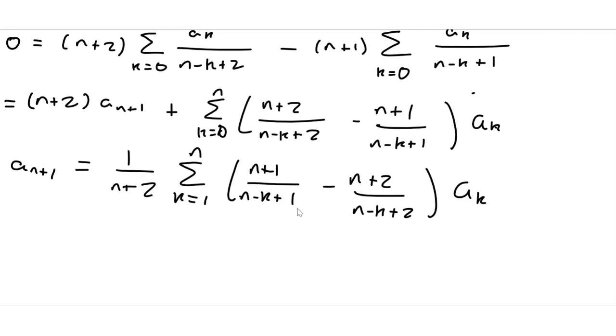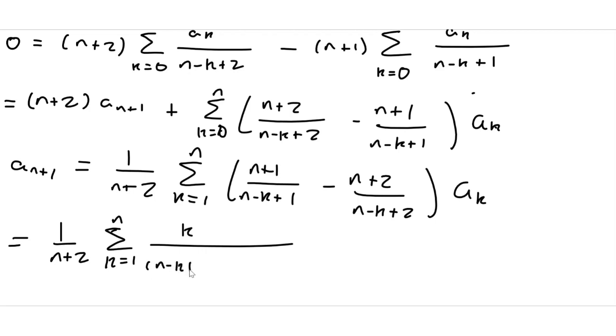Okay, and combining these two terms now, we're almost there. It gives us k over (n minus k plus 1)(n minus k plus 2), all multiplied by ak.